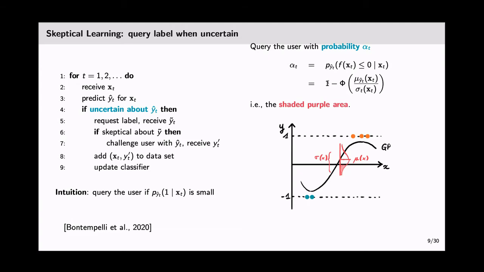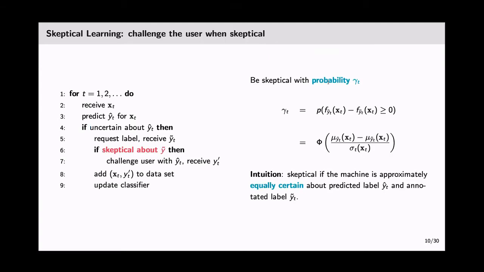After the acquisition of this label, the machine needs to decide whether to keep the label that we receive from the user or to challenge the user. Again, we are skeptical with probability gamma. The idea is that the machine is skeptical if the machine is approximately equally certain about the predicted label and the annotated label.